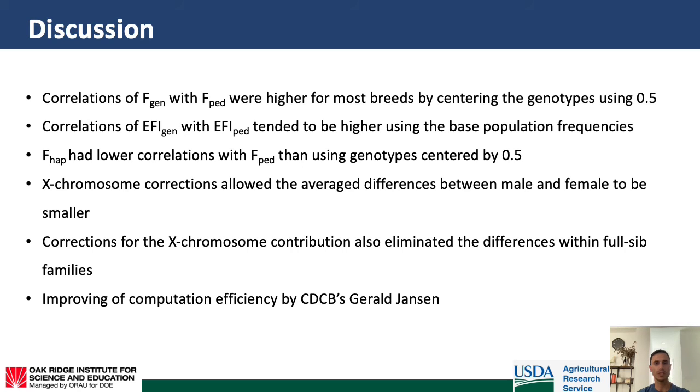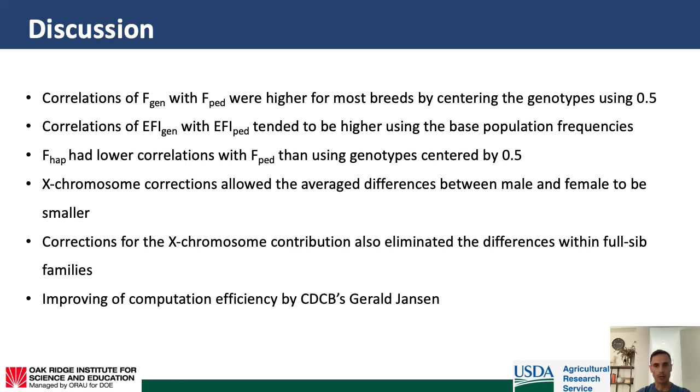So in agreement with some previous studies, the correlations between pedigree and genomic inbreeding were higher for most breeds using 0.5 instead of the base population allele frequencies. Correlations of genomic EFI with pedigree EFI tended to be higher using the base population frequencies instead. The haplotype inbreeding had lower correlations with pedigree inbreeding than using the 0.5 allele frequency.